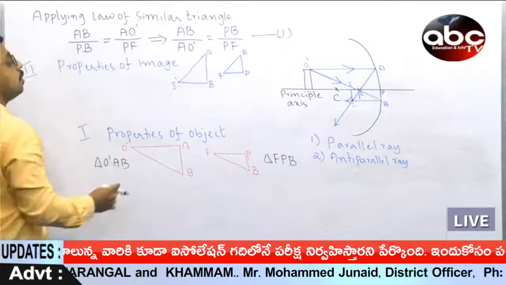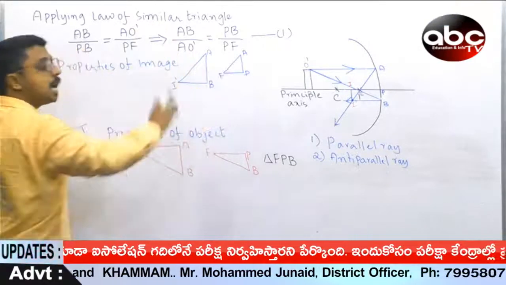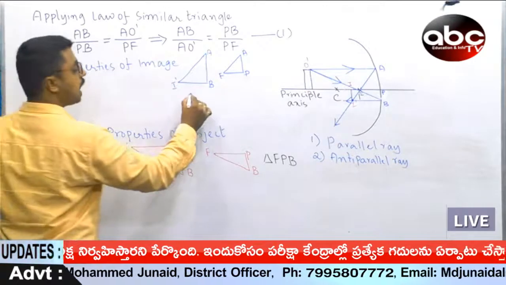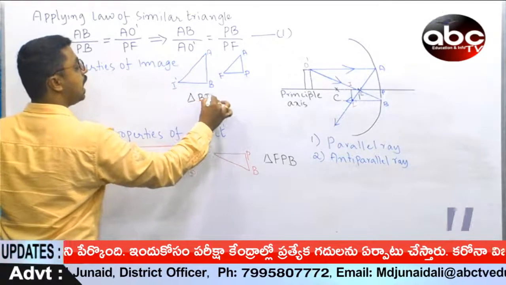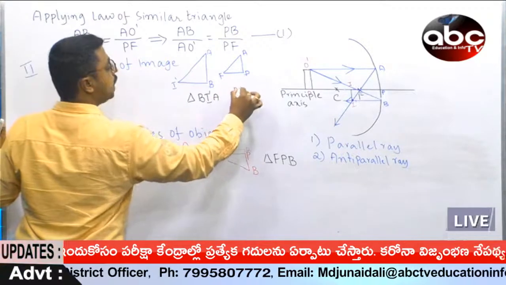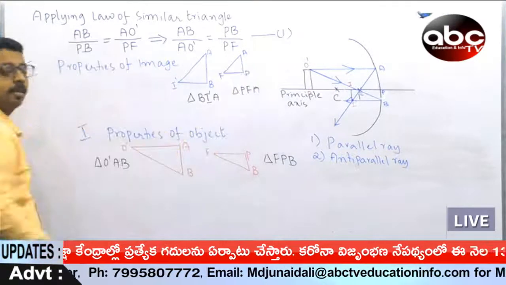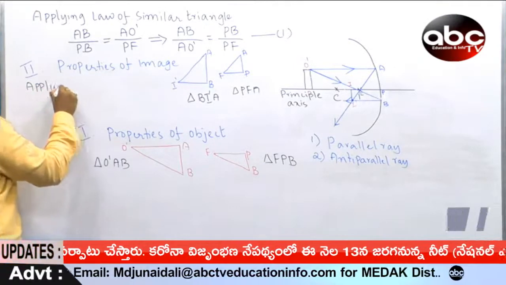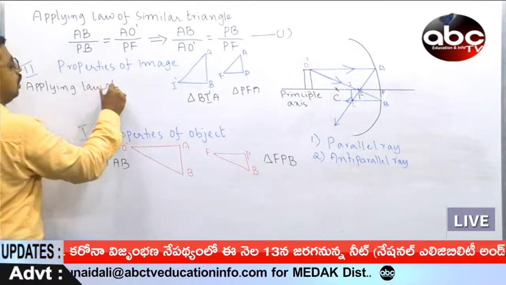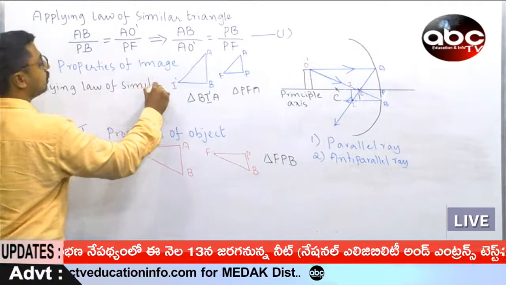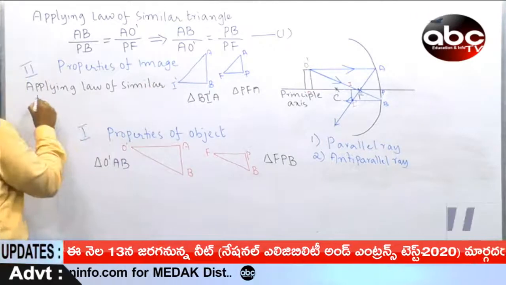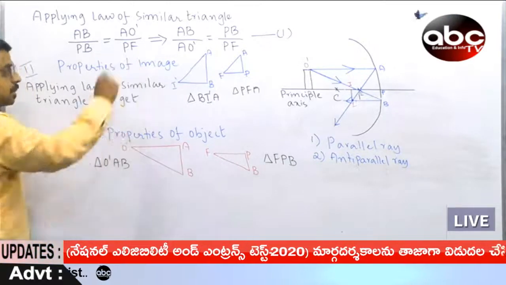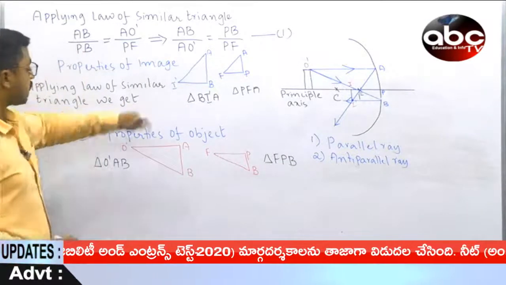Base to the base, side to the side will be equal in similar triangles. Therefore, the triangles we took are BI dash A and triangle PFA. Applying the law of similar triangles, let us compare.